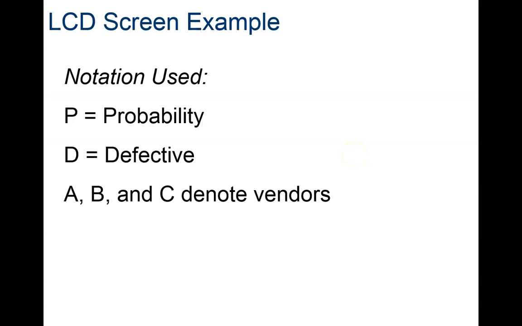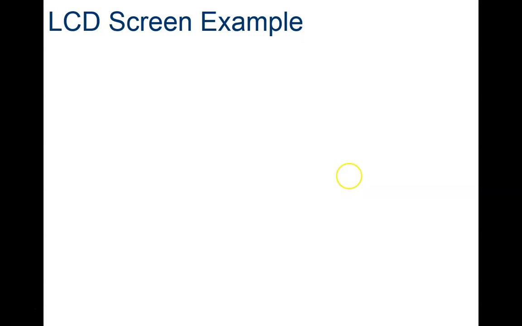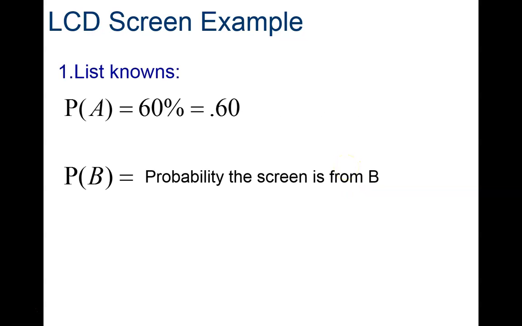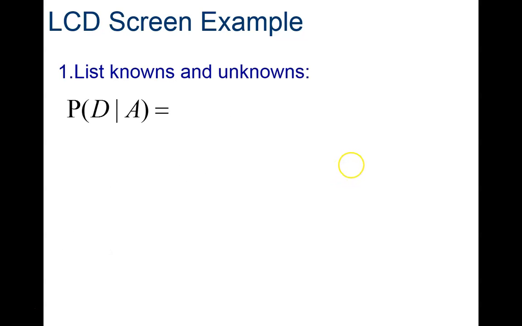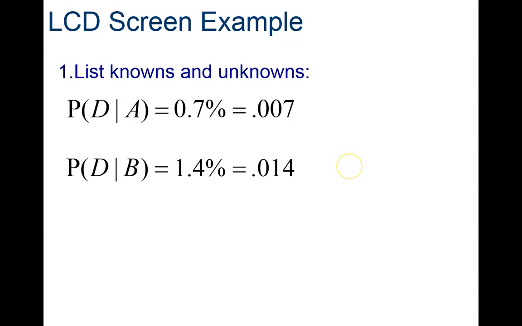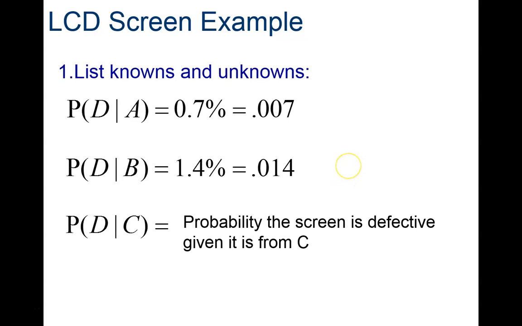Okay, so Project Lead the Way works this out as well. It's a little bit more complicated. I'm going to flip through their slides just so you have them. So list the knowns, the probability of A, B, and C. Number one, list the knowns, probability of D given A, D given B, D given C. They convert all these into probabilities as decimals.